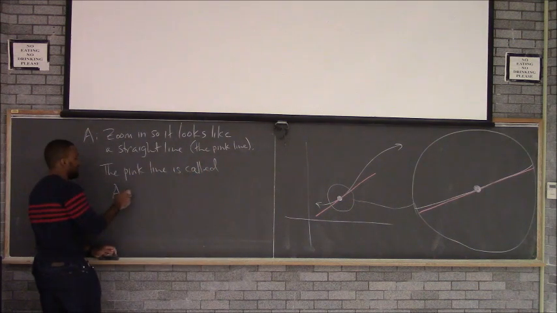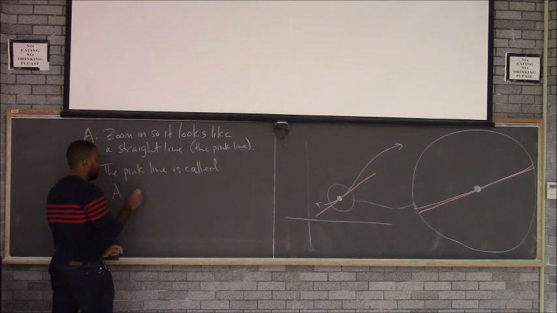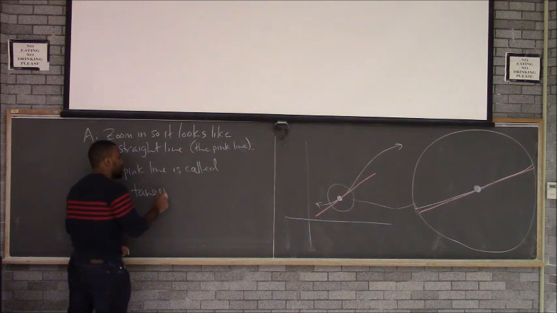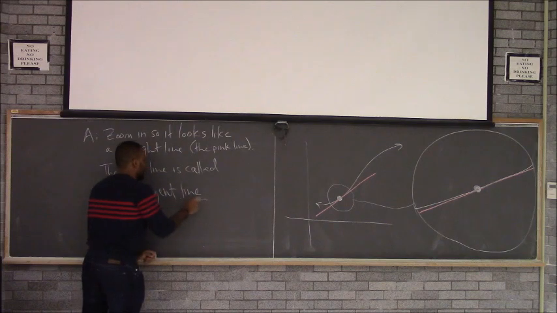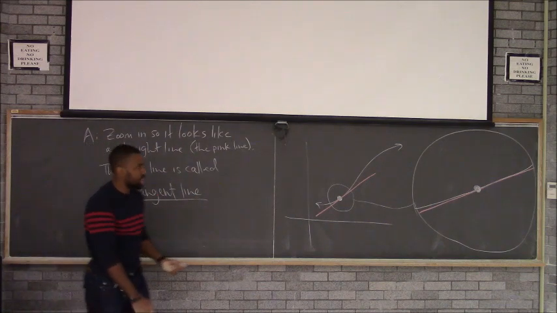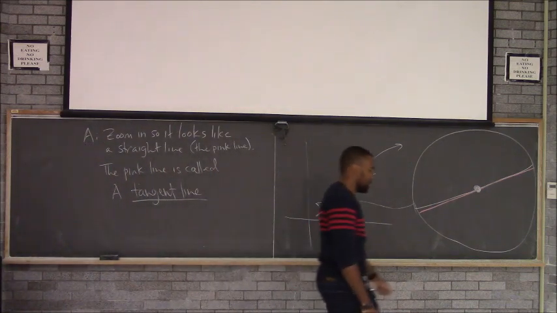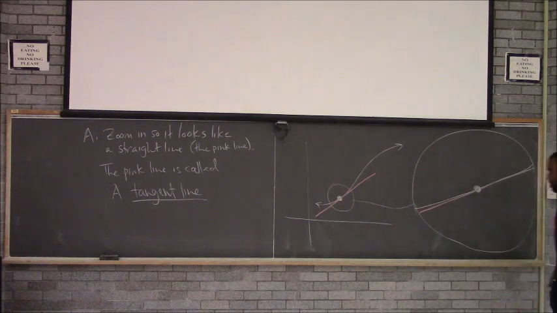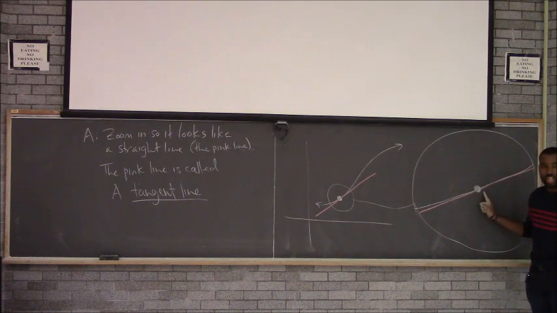We call it a tangent line. Tangent means to touch, so it's a line that touches the curve at that one point. Which coincidentally, that's actually not a good way to look at a tangent line. I'll probably mention that again.